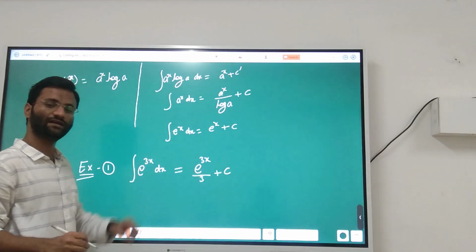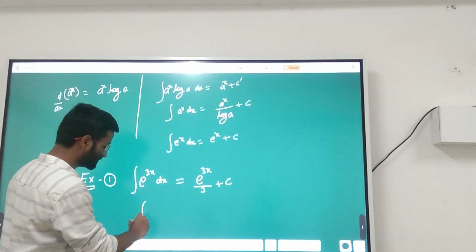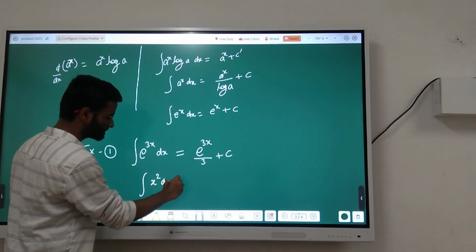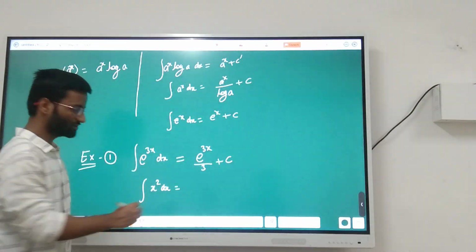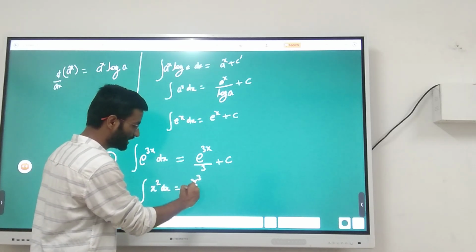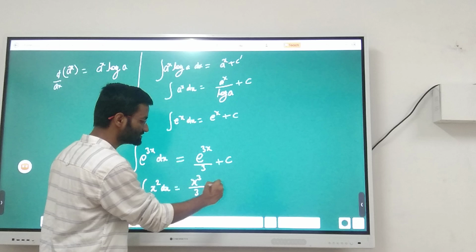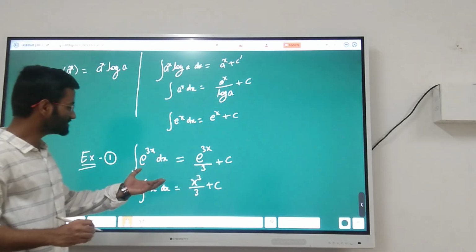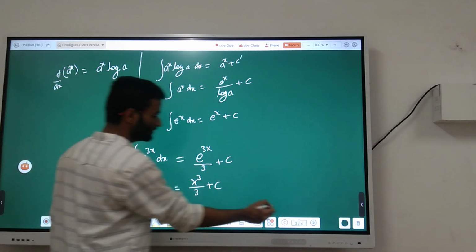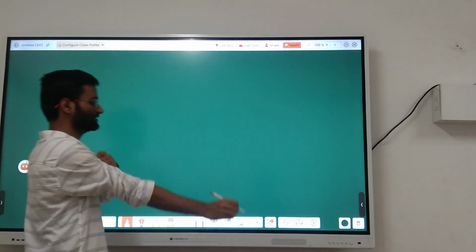So this is the simple integration. Now suppose I take x to the power 2 dx. What is the integration of this? You have to add 1 to the power, so x to the power 3 divided by 3 plus c. This is a very simple thing. This is example number 2. Now go ahead and take another example.